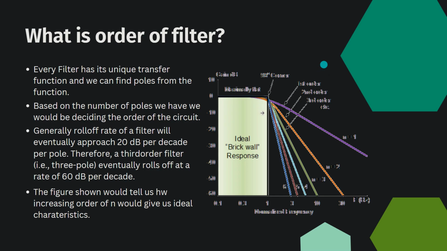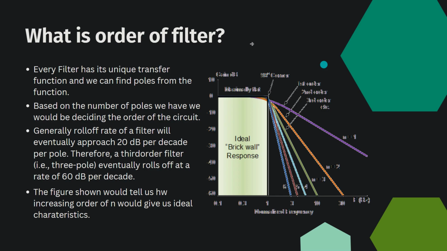For first order, we would have a roll off of minus 20 dB per decade. For example, for first order the roll off is minus 20 dB per decade, and for the second order, the roll off is minus 40 dB per decade. So as the slope increases, the amplitude values at that point would be attenuated faster.